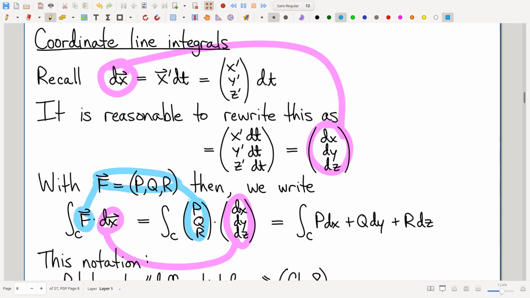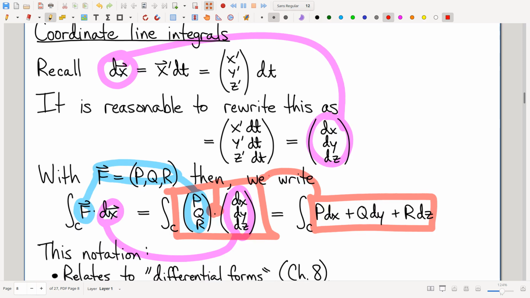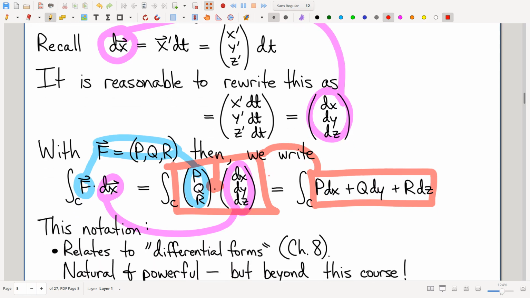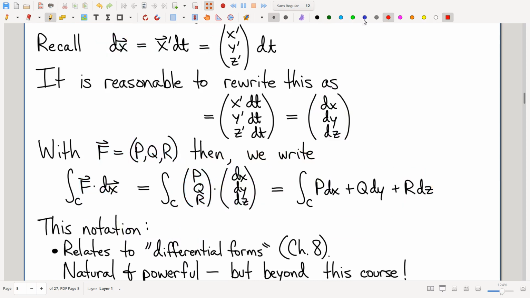I'm not really sure where that comes from. Anyway, it's a very common choice. But if you do that, notice the matter of dotting out this dot product gives you this: P dx plus Q dy plus R dz. And as such, this is an alternative notation for a vector line integral.